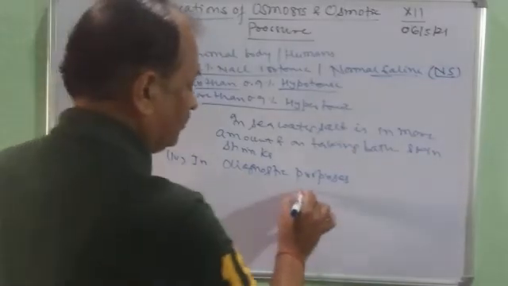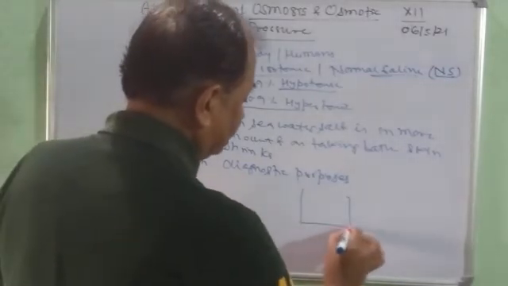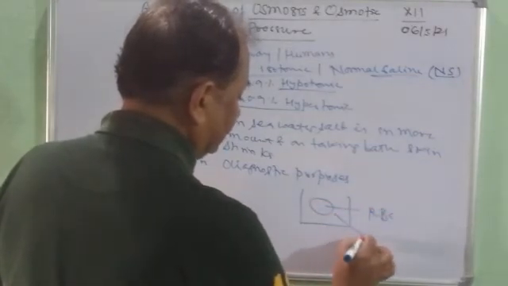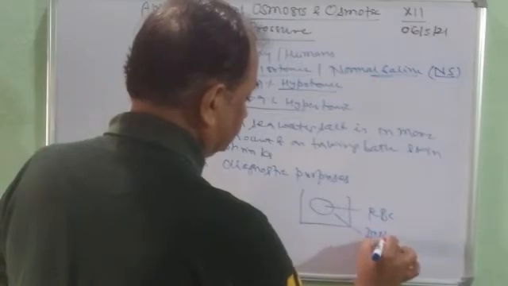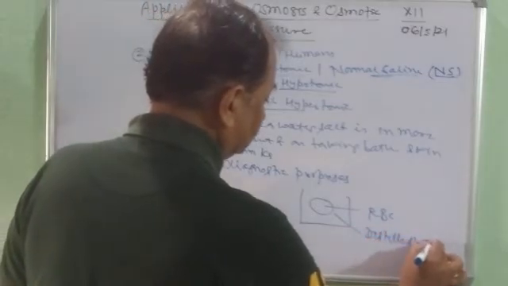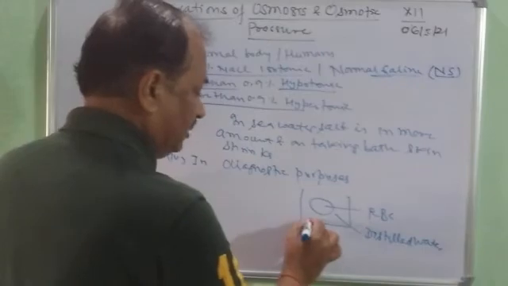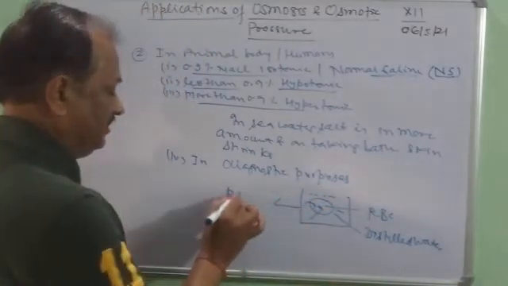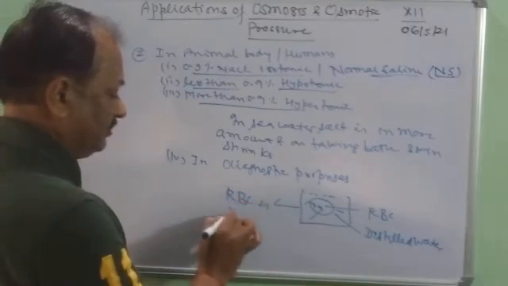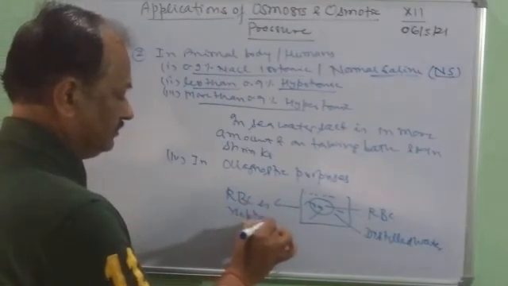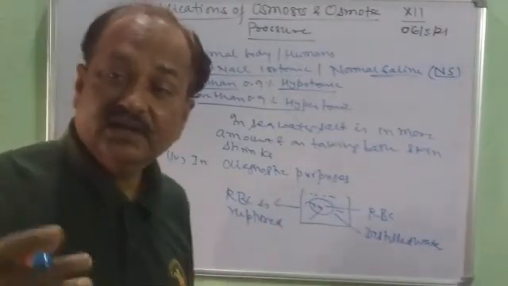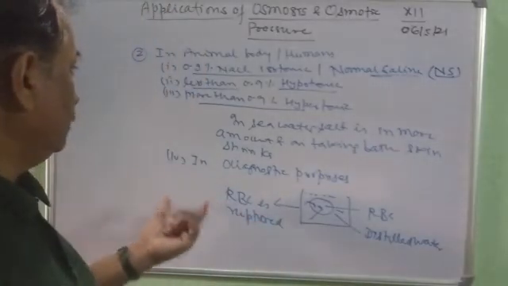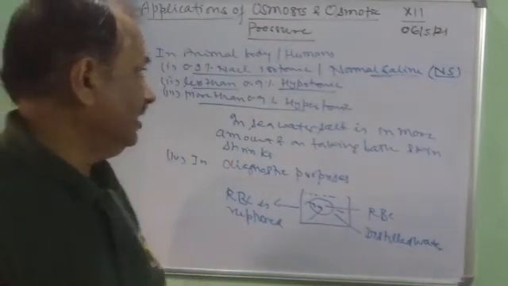So if we draw here, there is the RBC, and here there is the distilled water. So what happens? Water penetrates inside, and as a result, the RBC is ruptured without any problem, and so the persons can perform different tests. So this is the one point in the animal body and human.